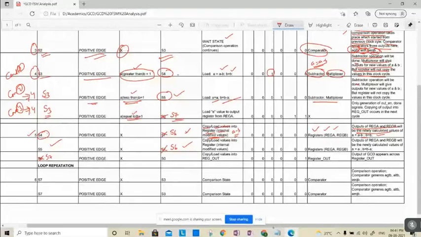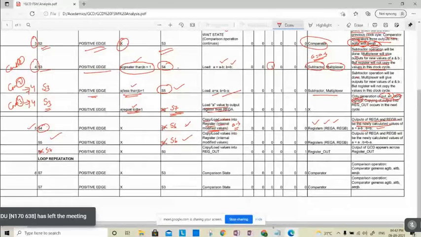Now whenever it is moving to S7, you need not perform the subtraction operation. So directly load the A value to the output register from A. From register A it should go to register out. Register A to register out. Only generation of out and out enable signal, done signals will be generated.